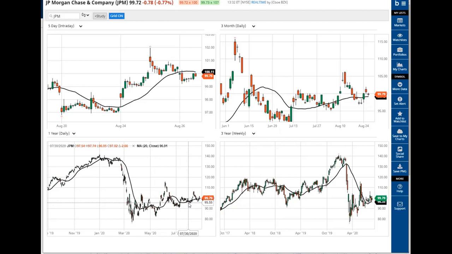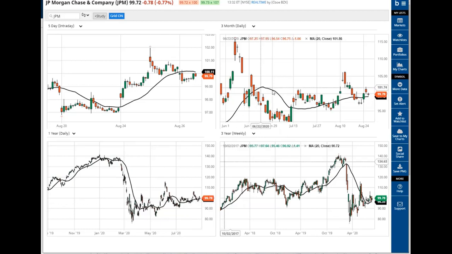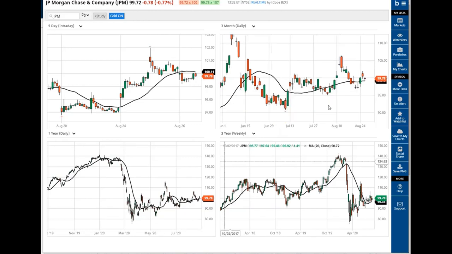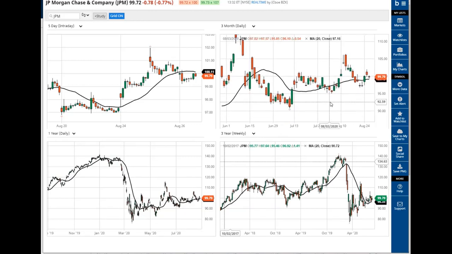So it is starting to tell me that we're in an uptrend. In my 3-month analysis, well, we're probably making sideways action, but I could look for zones that are low, relatively cheap, to have an opportunity to buy, or I could look for zones that are high, or relatively expensive, to take a short.